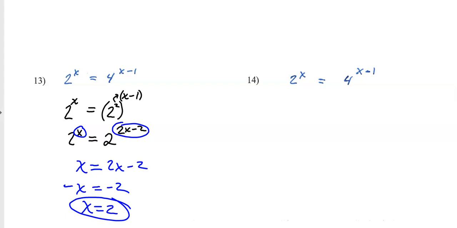Now, the other way is maybe you didn't want to rewrite the base. So I'm going to take the log of both sides. I'm going to use the power property, I'm going to pull that x out front.